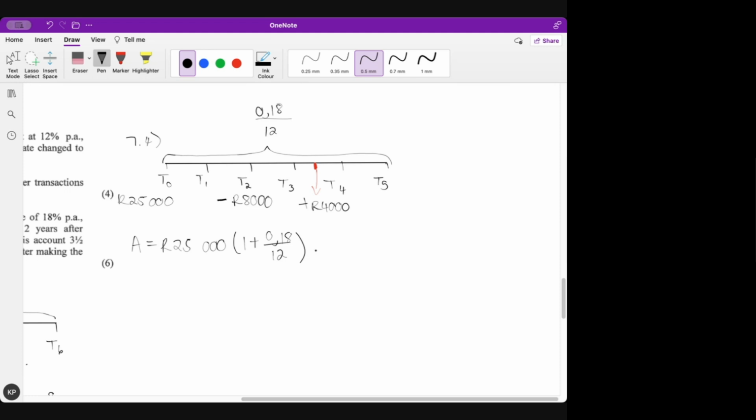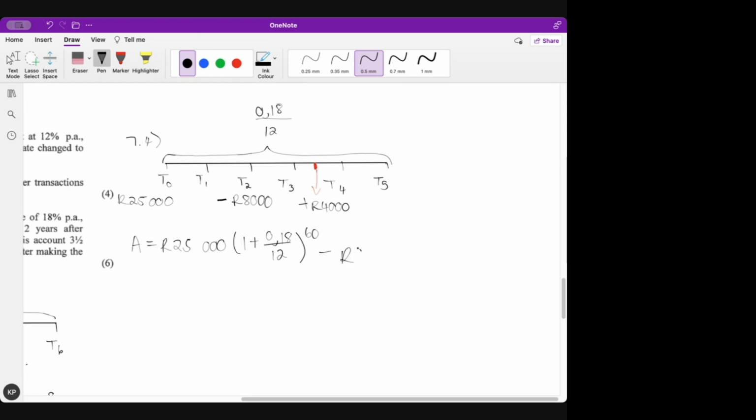And if it was left over 5 years and it's compounded monthly, what is my exponent over the whole 5 years? That would be 60 times. Great.